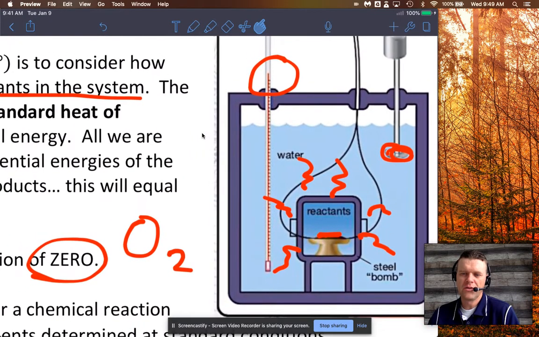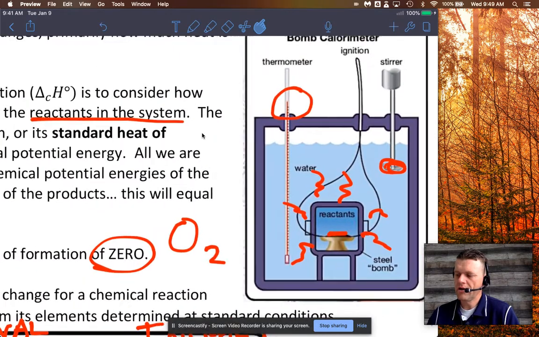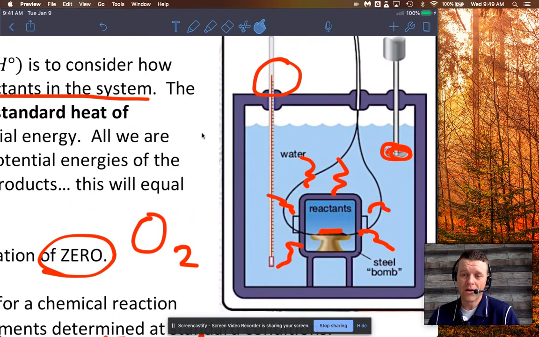So if you're doing some food chemistry, I always think of peanut butter. You could put some peanut butter in this steel bomb, make sure there's oxygen in there. You get some electrodes that run in there and you light it on fire. You burn it to try and release all of the possible energy that is contained in that food source, if we're talking about peanut butter.